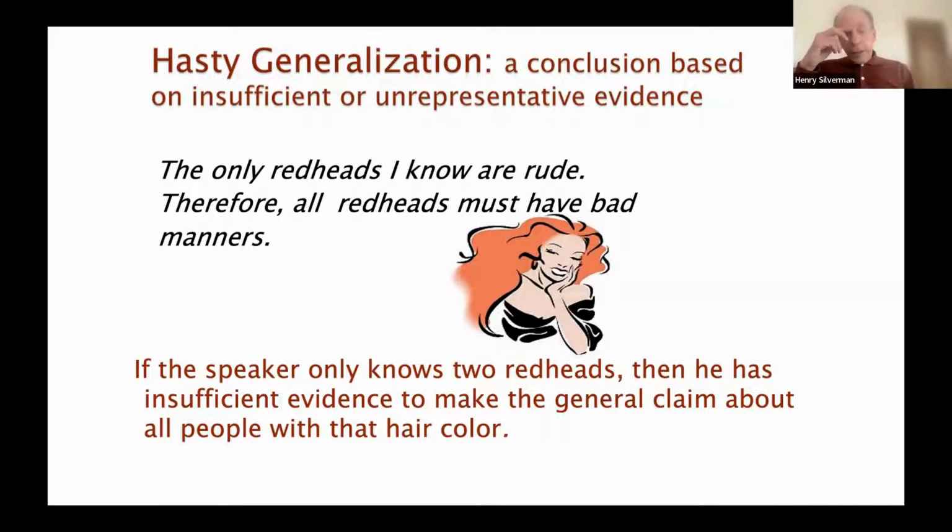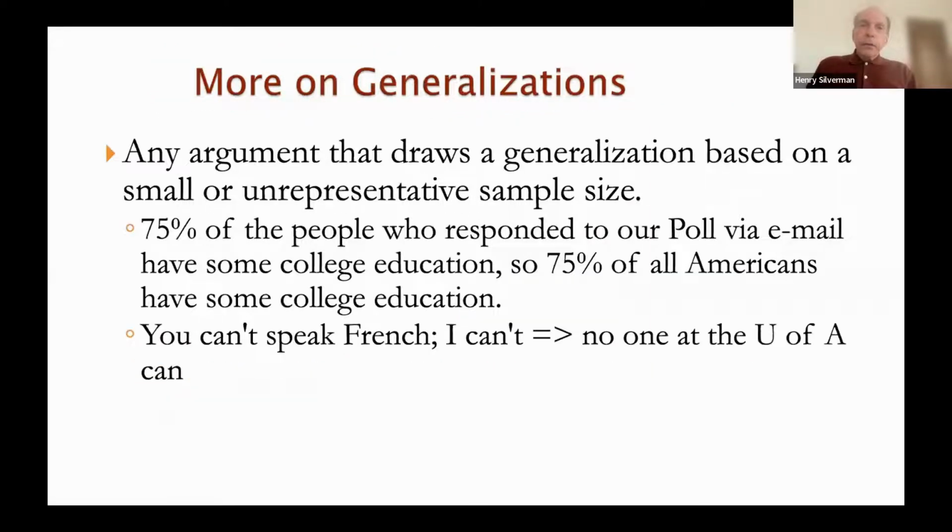Now, with the Nicole Kidman example, the speaker said probably. So that doesn't make it all that grievous of a statement. So more on generalization. For example, 75% of the people who responded to our poll via email have some college education. So 75% of all Americans have some college education.